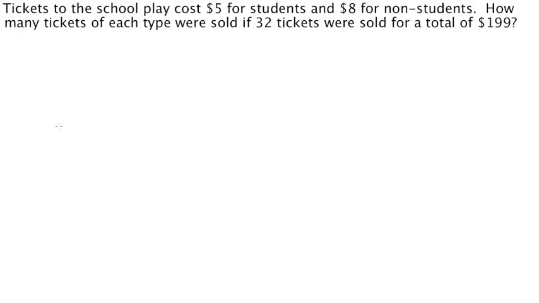So notice in this problem we have two unknowns. We have the number of student tickets that were sold and the number of non-student tickets that were sold. So let's identify our variables. Let's let S equal the number of student tickets. S is student tickets, and then N, let that be the number of non-student tickets.